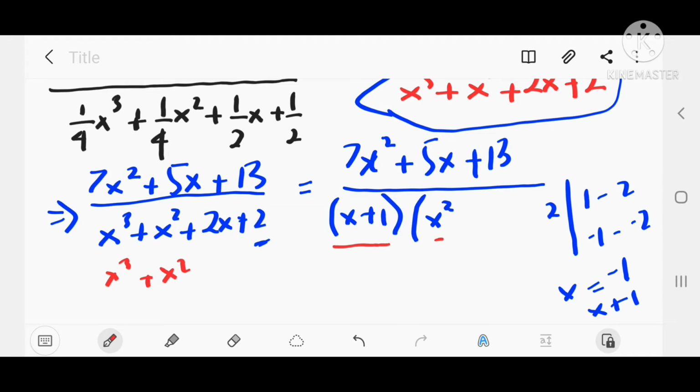When you subtract, this gives you 0. So you have 2x plus 2. You just have to pick the x and find the number of times it can go into the 2x here, and that will be 2. So plus 2. Okay, so this is what you have.